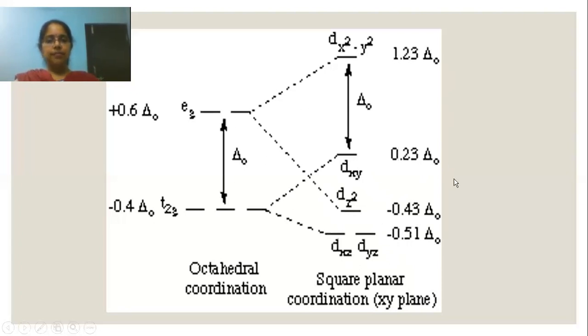So this is the crystal field splitting energy level diagram of a square planar complex, which is obtained from an octahedral geometry by removing the two ligands in the Z plane. The t2g set again splits into two sets, and the eg set again splits into two sets. So that is about the crystal field splitting in square planar complexes.